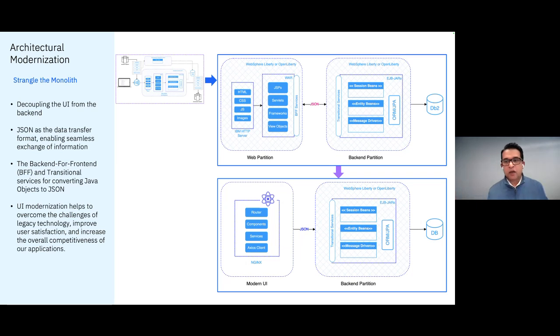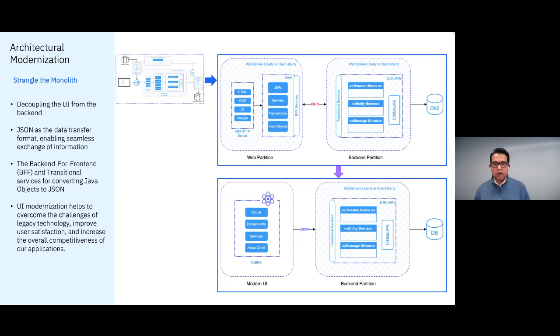I'm showing it simply on my first chart here: I have older technologies like Struts and JSPs, and instead of passing objects between front end and back end, I convert those objects into JSON and pass JSON. Those BFF services, which I call backend for front-end services, help us do that. On the other side, I'm calling transitional services, which convert the JSON back to objects, and then could call your session beans, entity beans, or servlets as well.